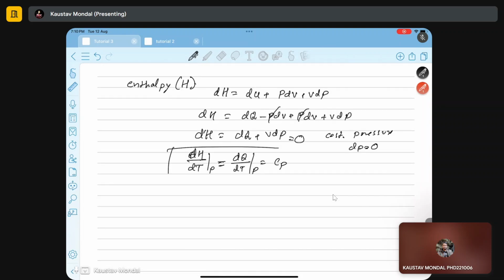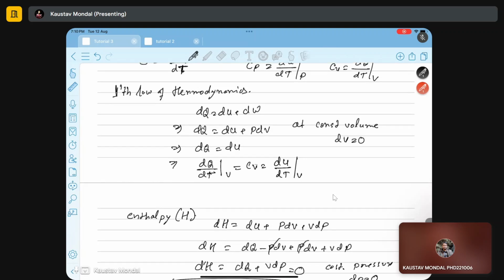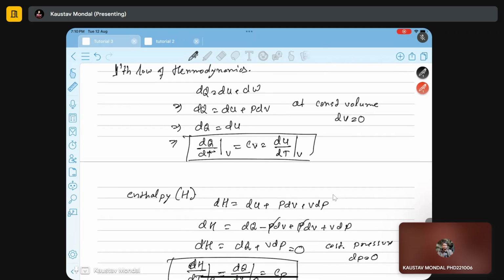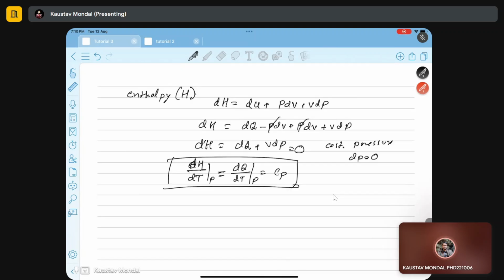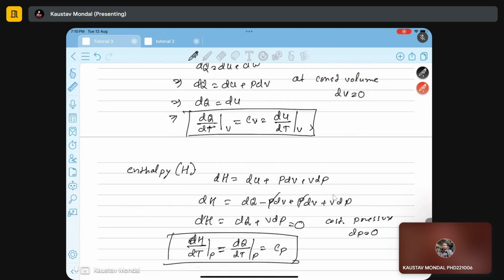Okay, and this is the Cv. The Cp and Cv we got, right? Both we have got.